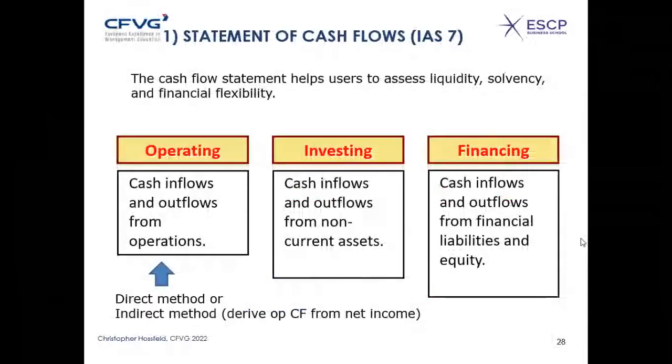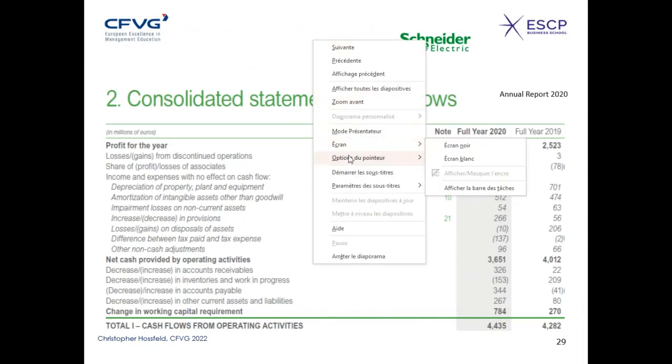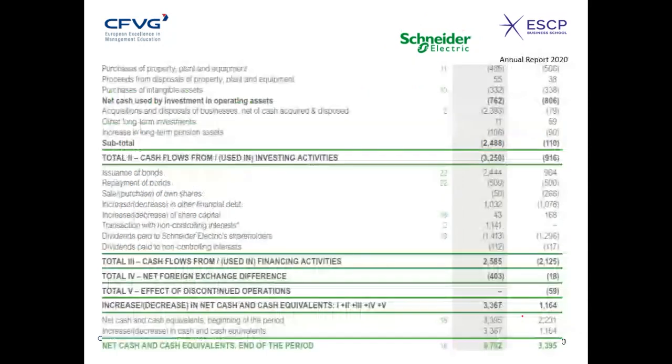Okay, that's what we're doing in the cash flow statement. All right. So we categorize that. And here we have as an example the cash flow statement of Schneider Electric, a French company that I guess is also active in Vietnam. We see here the first part is the operating cash flow, plus 4 billion. And then on the next page, we have the investing cash flow, which is negative here in brackets.